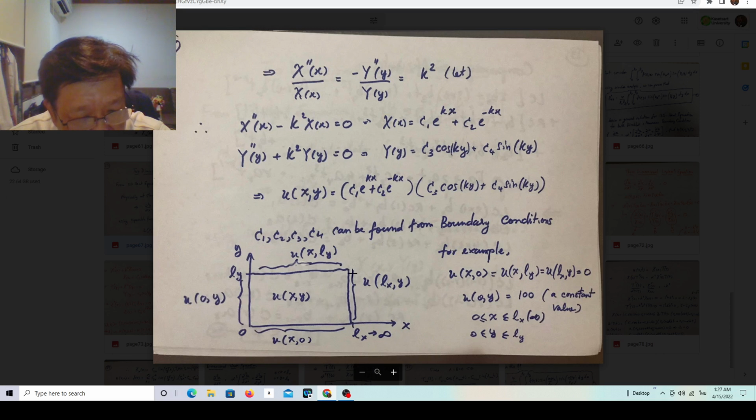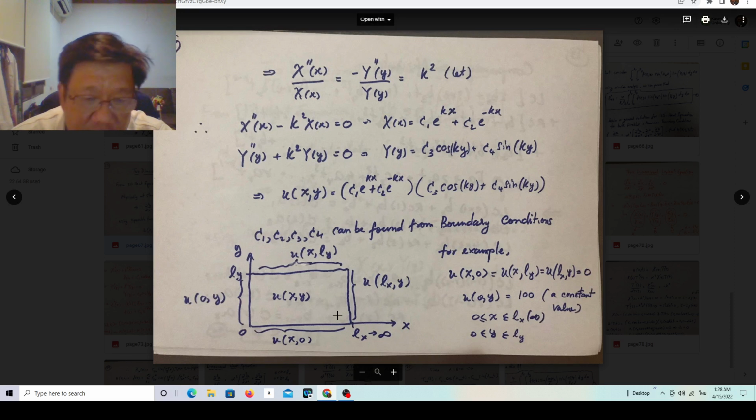The same when you reach the upper limits of both x and y: you have u of L sub x, the maximum possible x, with all y. And on this side you also have u for all x from 0 to L sub x, at y equal to L sub y.